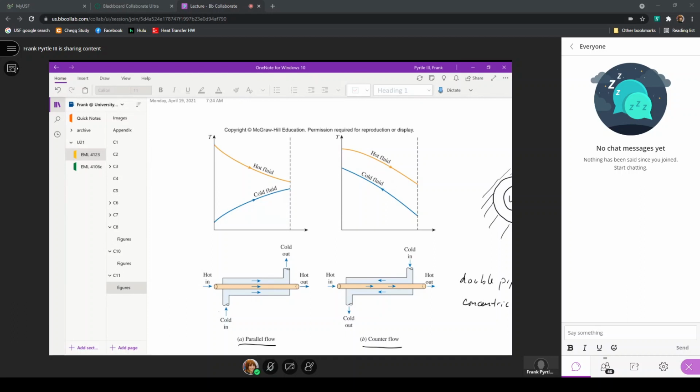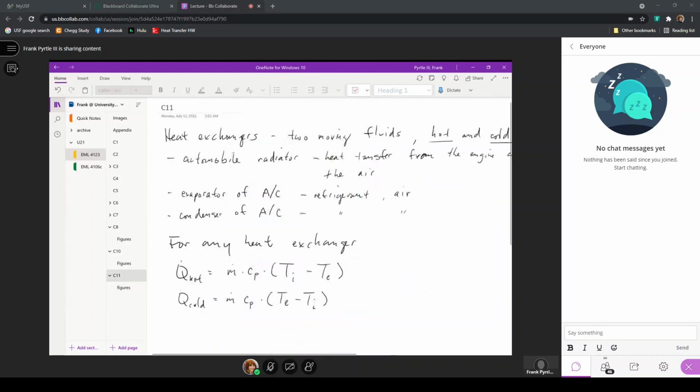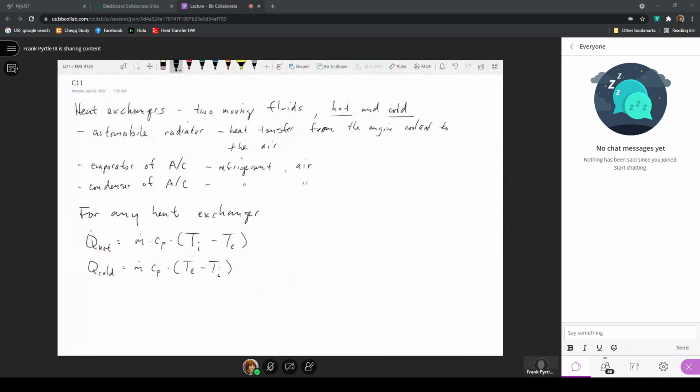But no matter what the heat exchanger arrangement is, that hot fluid will lose heat and the cold one will gain heat. Those two expressions for the rate of change of the enthalpy of those two fluids can be assessed just by measuring the mass flow rate and the inlet and exit temperatures for each of those individual fluids, to determine exactly how much heat is lost by one or gained by the other.